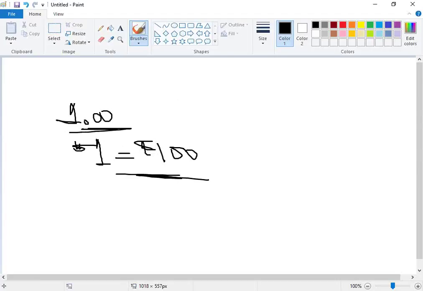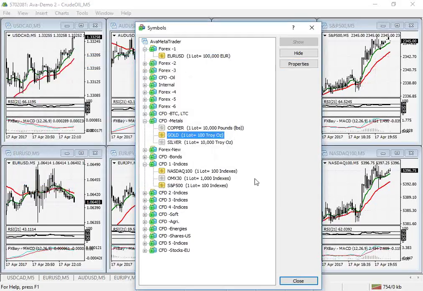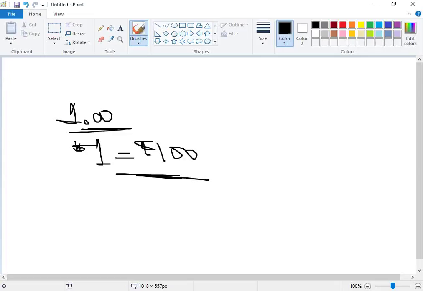That could be a pretty big position. Okay, I'll give you another example. If we go to an index, okay, let's take the Nasdaq. Properties, contract size, $100 a point. So if you're trading a standard contract, means $1 on the Nasdaq is $100.